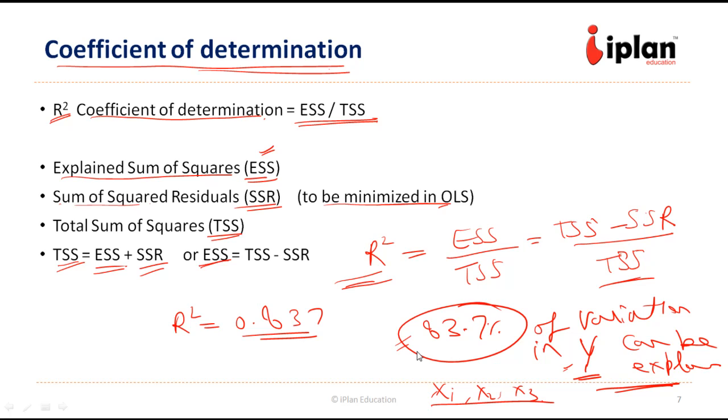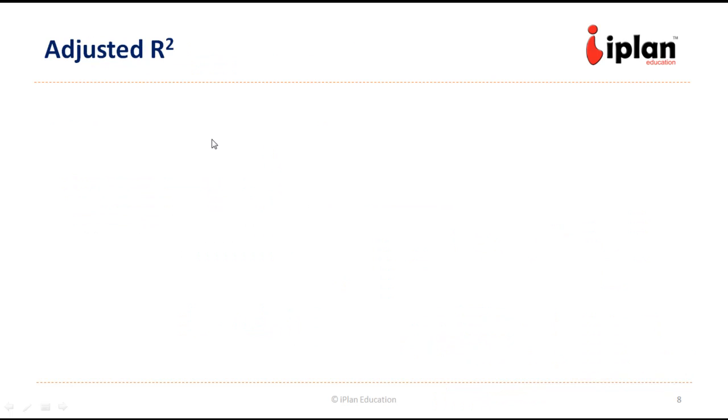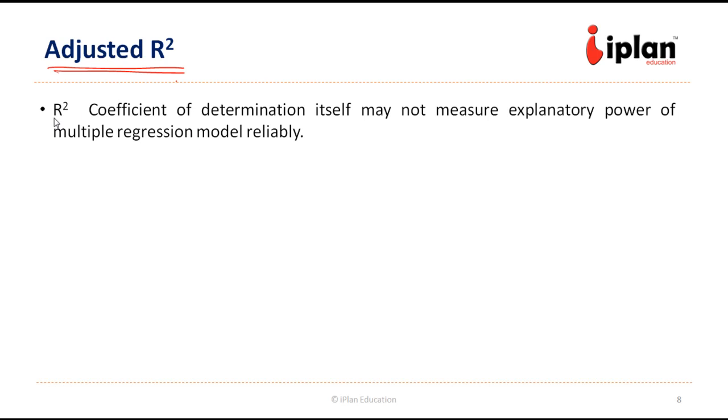But in the case of multiple regression, there are some adjustments to R square. We have adjusted R square because pure R square does not reflect the goodness properly. R square itself may not measure the explanatory power of a multiple regression model reliably.